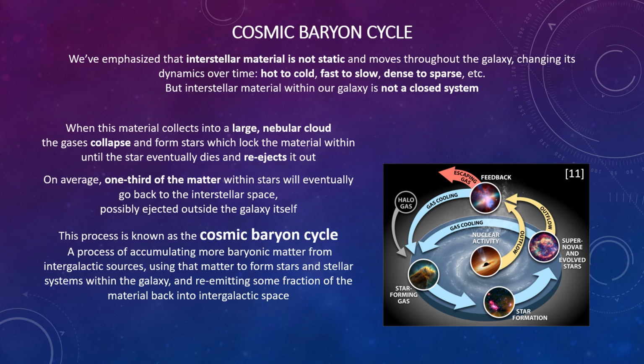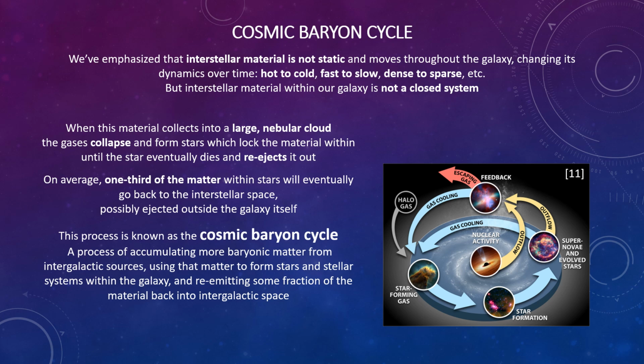It is a process of accumulating more baryonic matter from intergalactic sources, using that matter to form stars and stellar systems within our galaxy, and then re-emitting a fraction of it back into intergalactic space. As a galaxy evolves, sometimes it collides with and absorbs smaller dwarf galaxies, or even collides with galaxies of similar sizes.